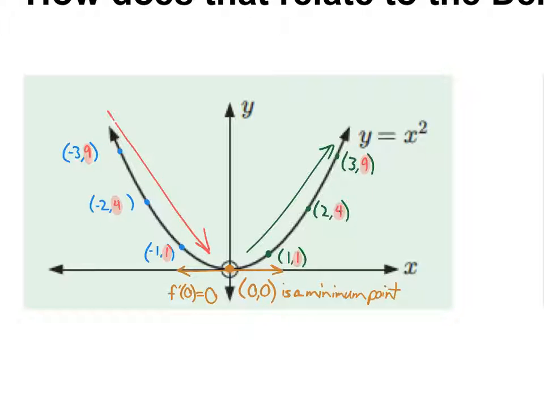Okay? Or maximum points as well. All right? So, obviously we took a little bit of time with that, but once you get the hang of this, you can very easily find these different intervals of increasing or decreasing.